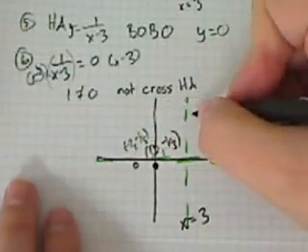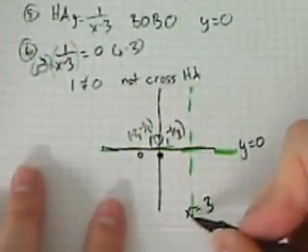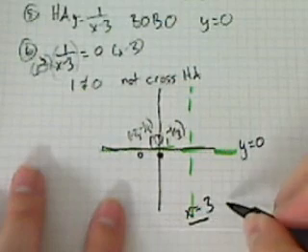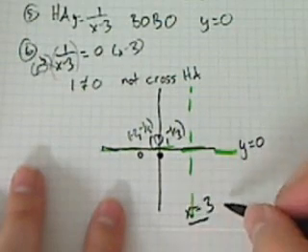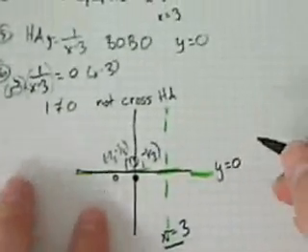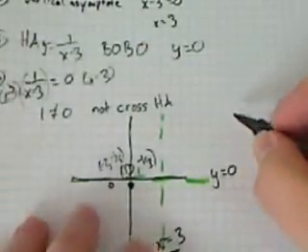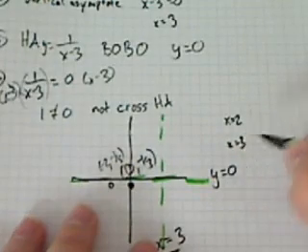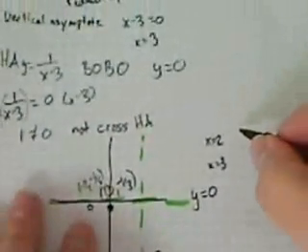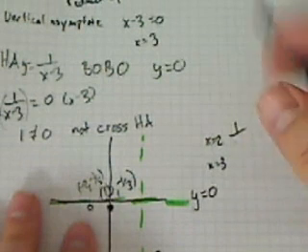So now, since my vertical asymptote was x equals 3, I'm going to try the next couple of x values to either side, to the left and the right, substitute them in for x and see what I get. So to the left, I'm going to try x equals 2, and to the right, I'm going to try x equals 3. So again, I'm going to substitute into my reduced equation.